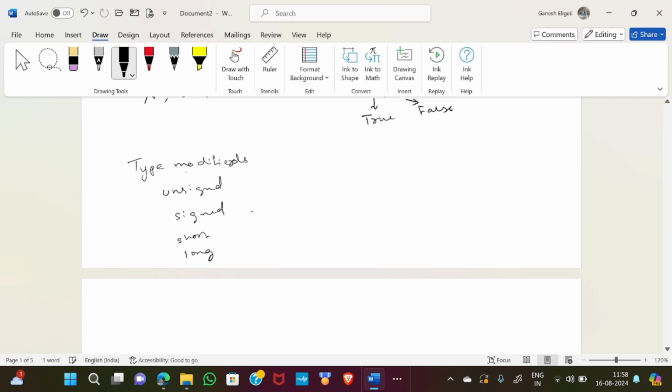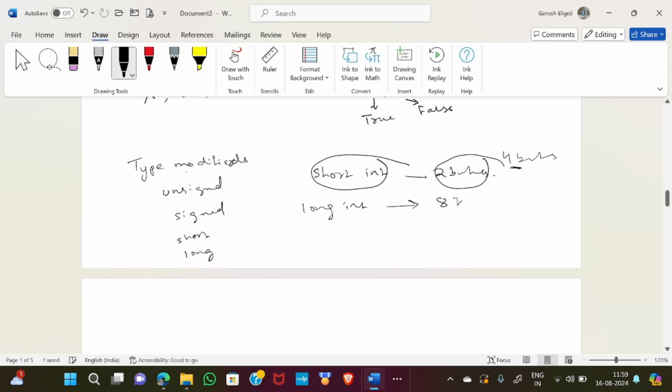So when you add this in front of, let's say, int, and you say short int, it means the size of this will become 2 bytes. This is used when you don't want 4 bytes of data and you're sufficient with only 2 bytes. And another case is long int, where you want more than 4 bytes of data. This will become 8 bytes when you add long to the int.